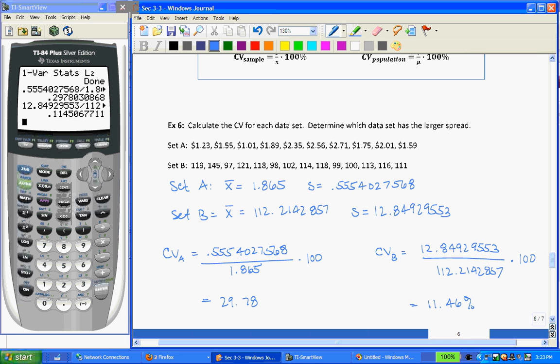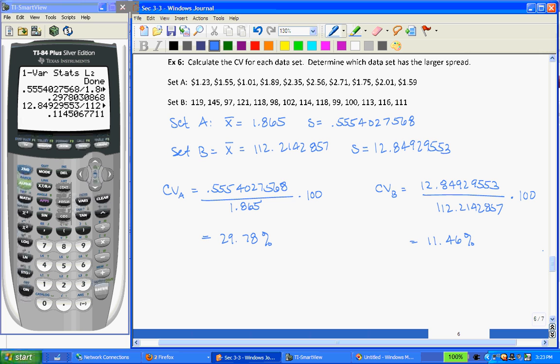Okay, so now these are percentages, and we can say for set A, the variability is 29.78% of the mean, whereas on set B it's 11.46.